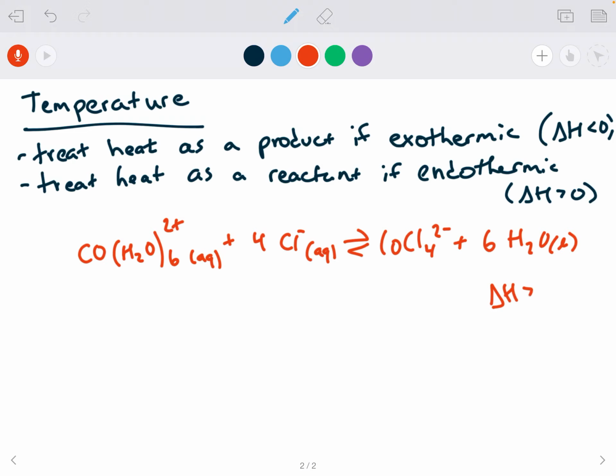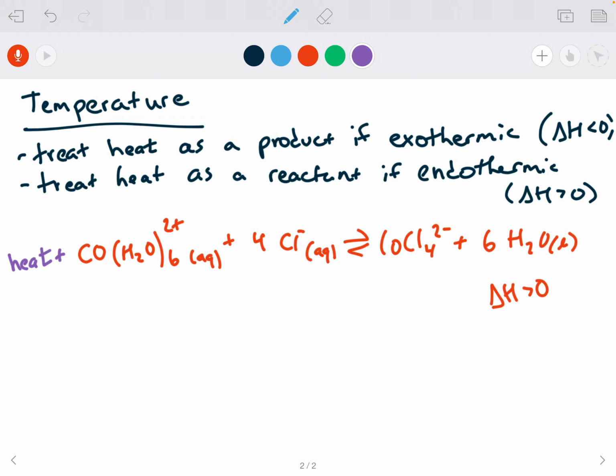In this reaction, your delta H is greater than 0. So what I do is I come over here and I make heat a reactant. Because we went over initially, if I add in reactant, equilibrium shifts towards the product.